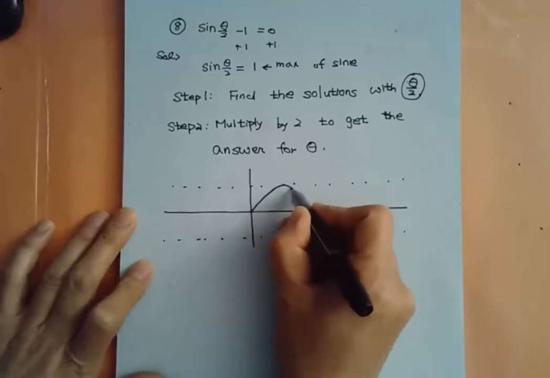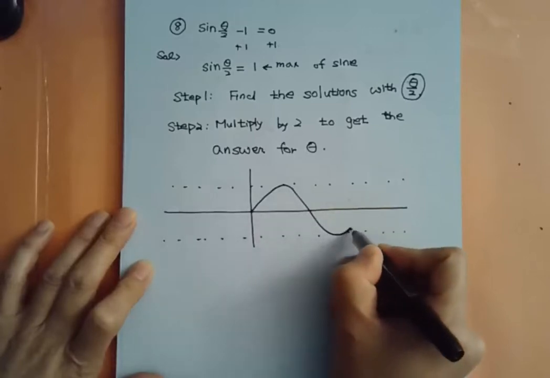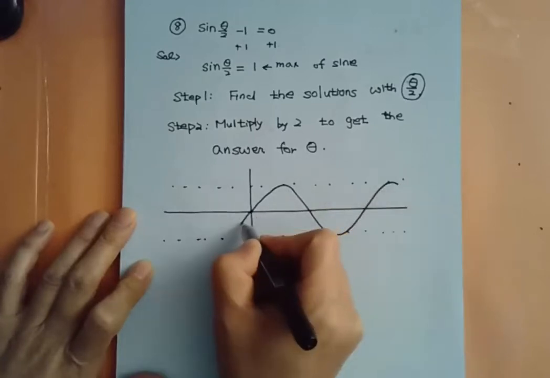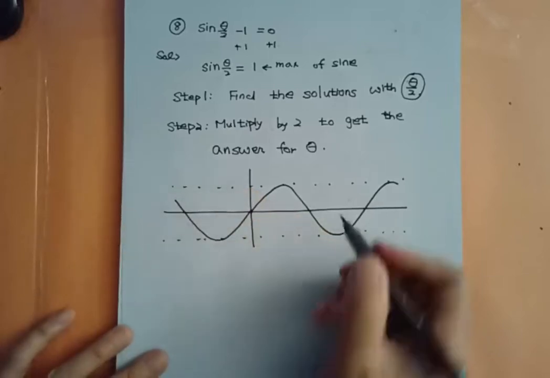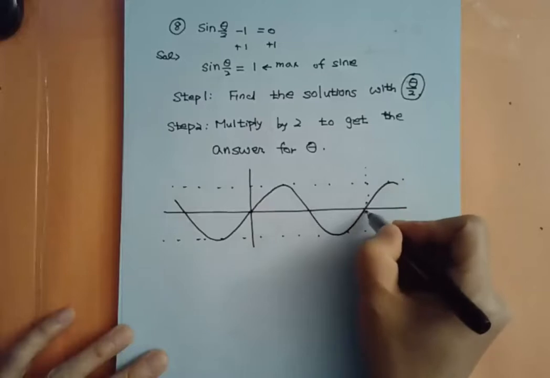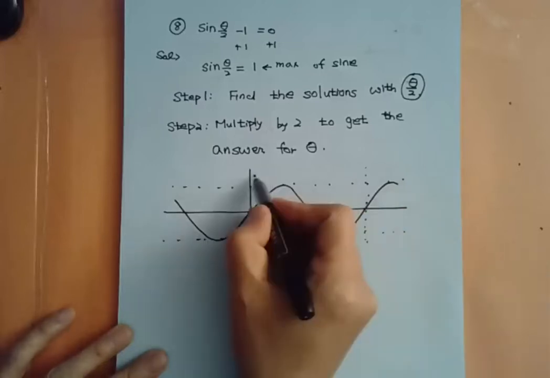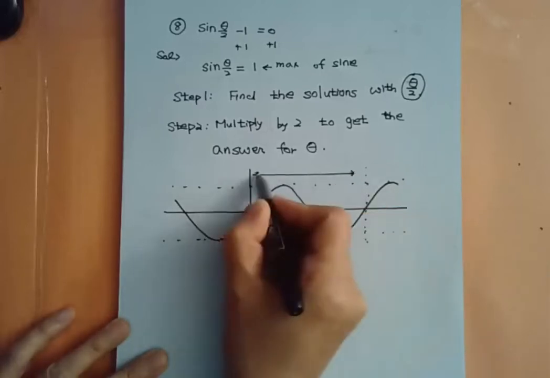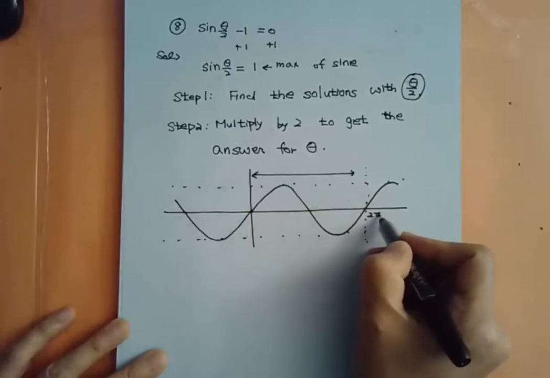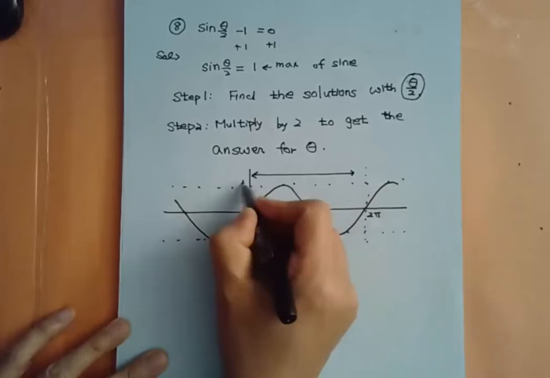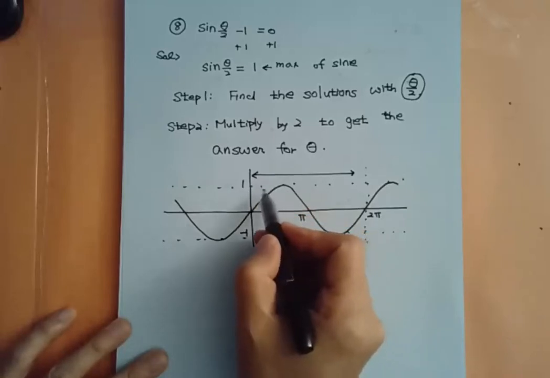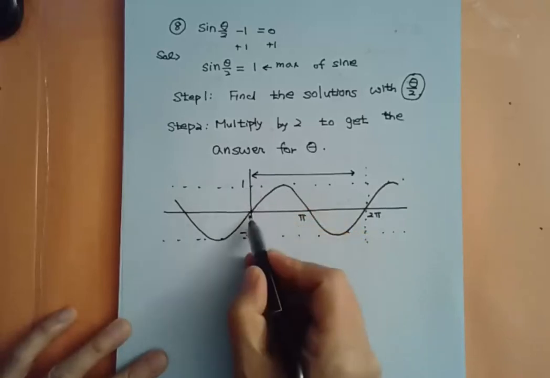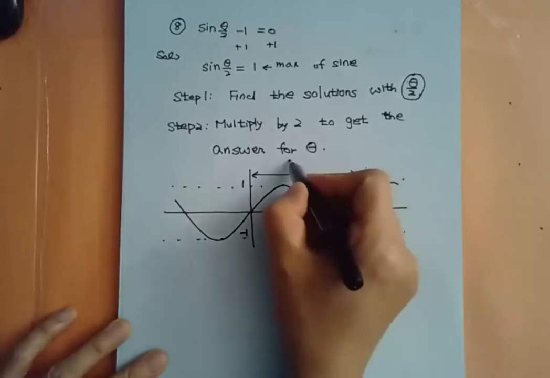So we are graphing the sine function like this. And we have to limit ourselves from 0 to 2 pi. And we are thinking about the inverse image of 1 between 0 and 2 pi, because this is one cycle.